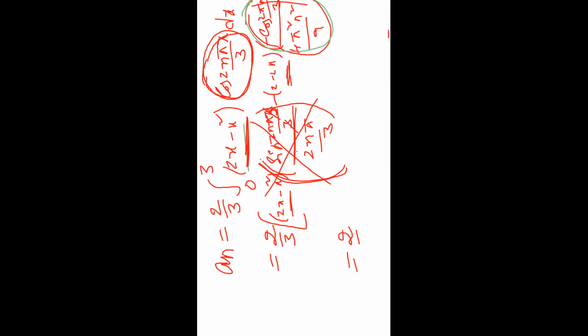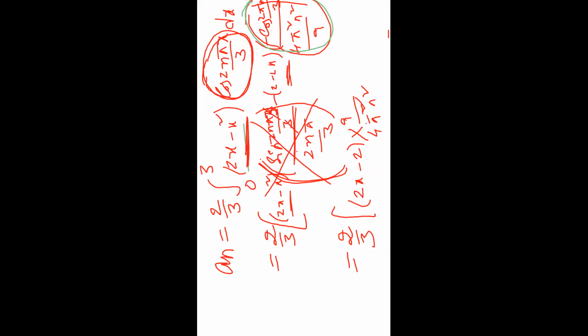So 2 by 3 is a constant. Multiplying by minus, 2 minus 2x, and taking the reciprocal gives 9 by 4 pi square n square.